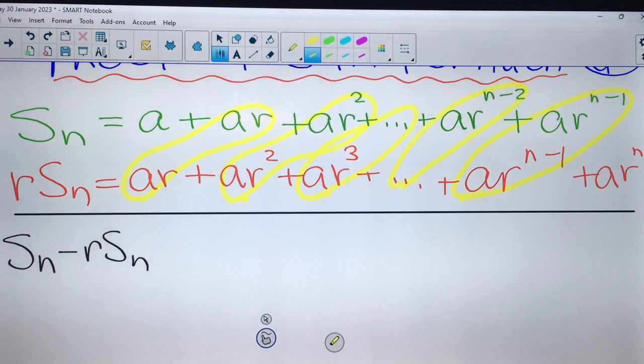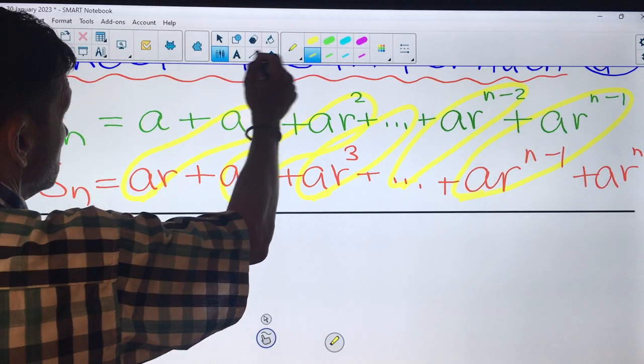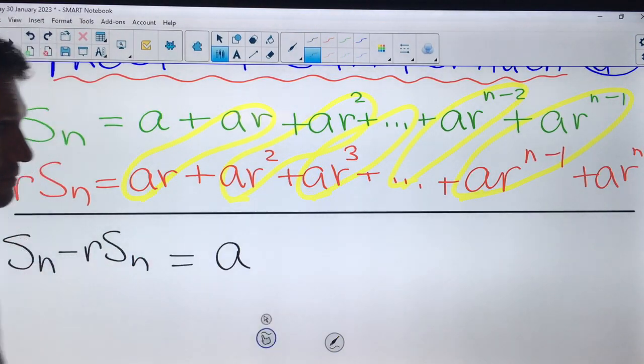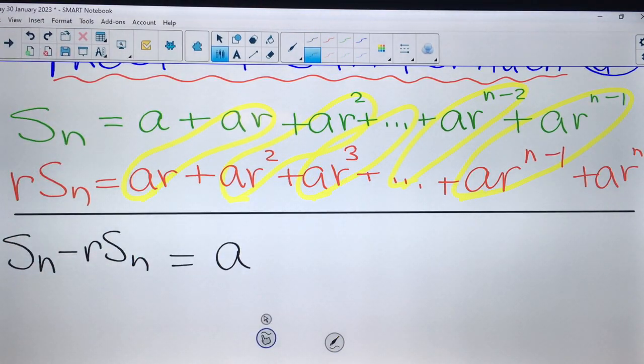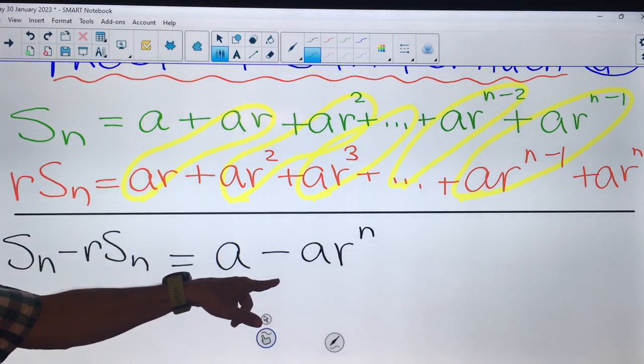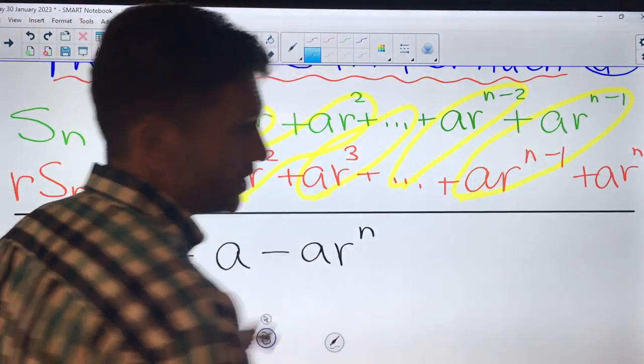So what is left? The A and what else is left? What is that going to cancel out? A or N. Why is it the minus? Because we're subtracting the two from each other. See? These that I've highlighted will all cancel out each other.